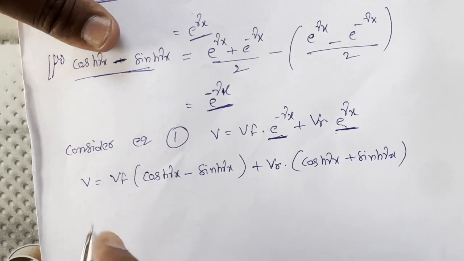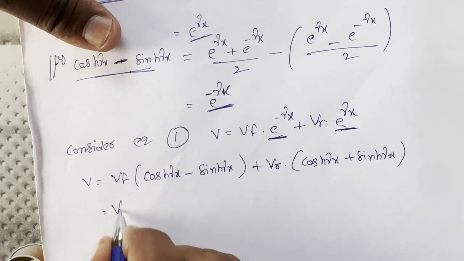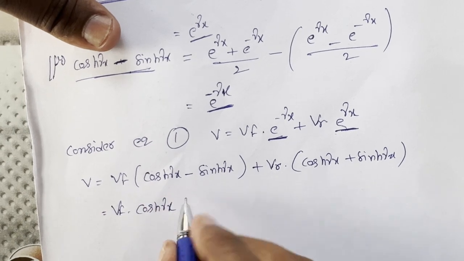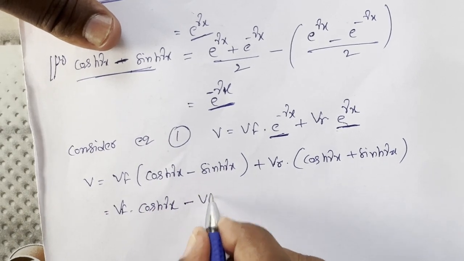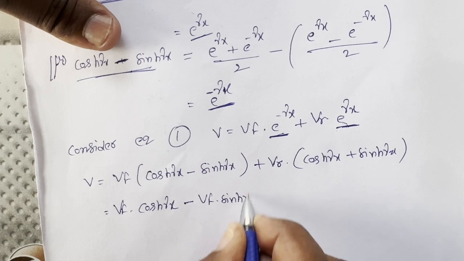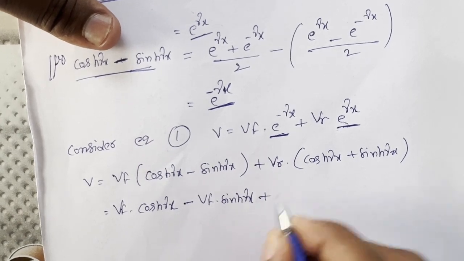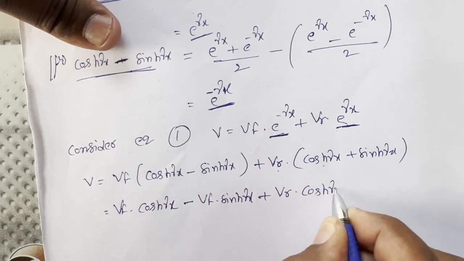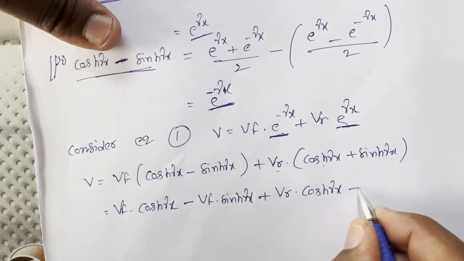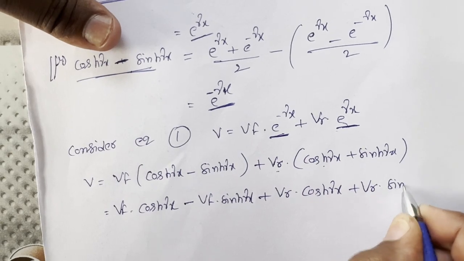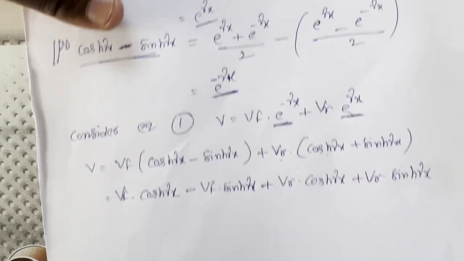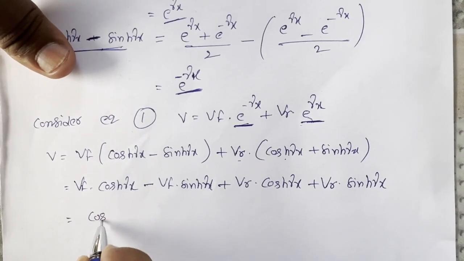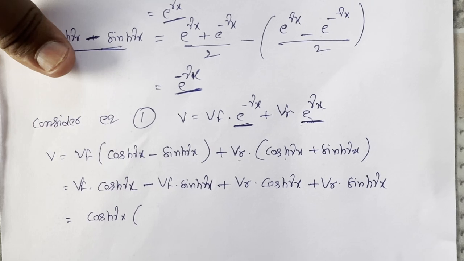Now I am multiplying internally, that is Vf into cosh gamma x minus Vf into sinh gamma x plus Vr into cosh gamma x plus Vr into sinh gamma x. Now I am taking cosh gamma x as a common term.